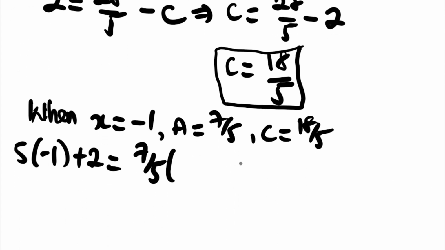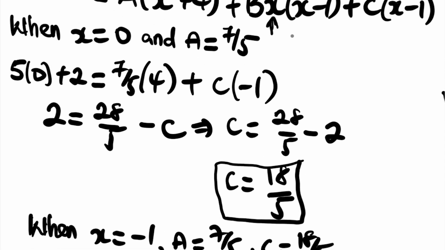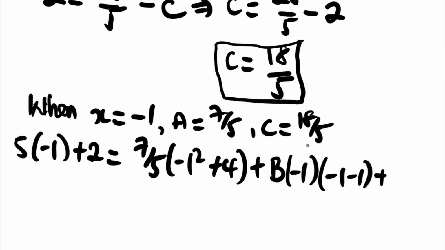So x squared, x is negative 1, so negative 1 squared plus 4, plus b times negative 1 minus 1, because x is negative 1 at this level. Negative 1 multiplied by negative 1 minus 1, right? Plus c, which is 18 over 5, multiplying negative 1 minus 1.